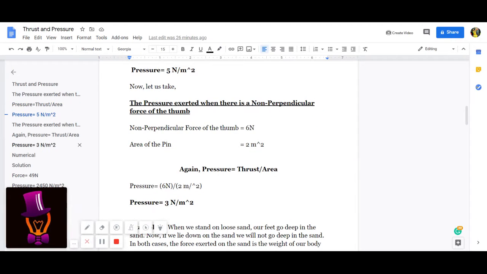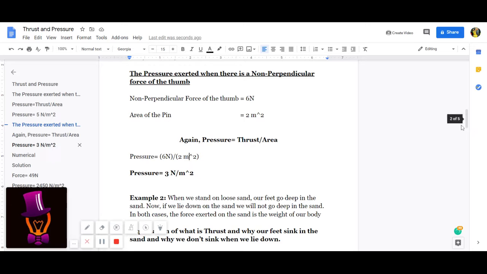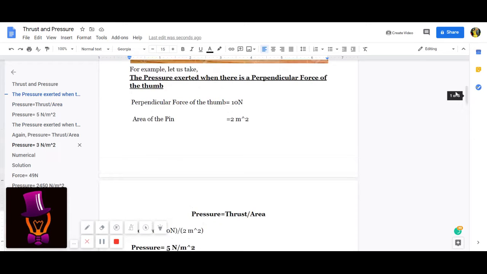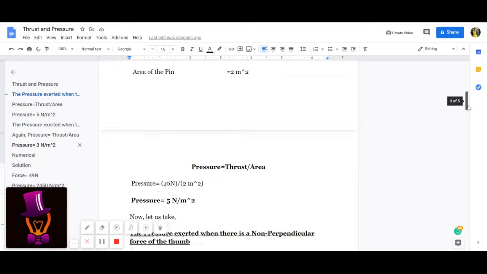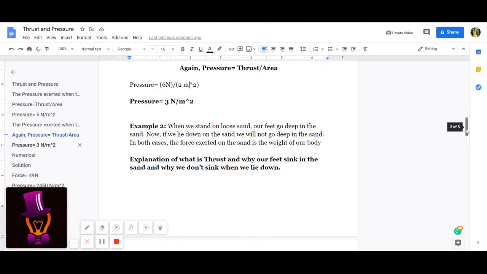So again, pressure is equal to thrust by area, which is equal to 6 Newton by 2 meters square. So therefore pressure is equal to 3 Newton per meter square. So clearly we can see that the pressure over here is less than that of the perpendicular force of the thumb's pressure. This is because it does not involve the whole thumb in the non-perpendicular force, whereas the perpendicular force involves the force of the whole thumb.